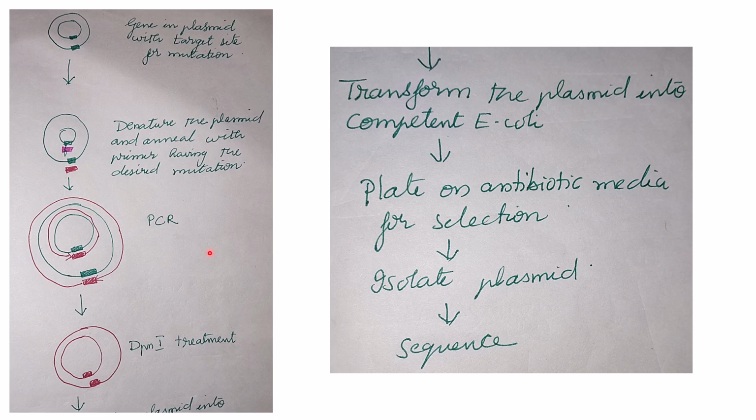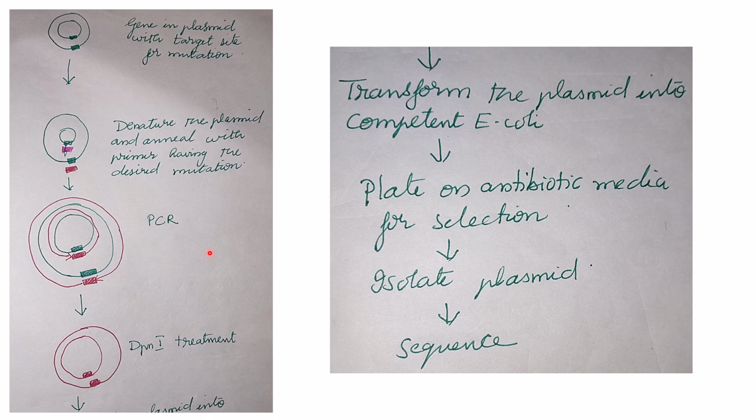And you should use high fidelity DNA polymerases, because if you use the normal standard polymerase for PCR, then there are chances that these standard polymerases can introduce random mutation throughout the amplified DNA. But if you use high fidelity DNA polymerases, only the specified mutation will be present in the final amplified DNA product.